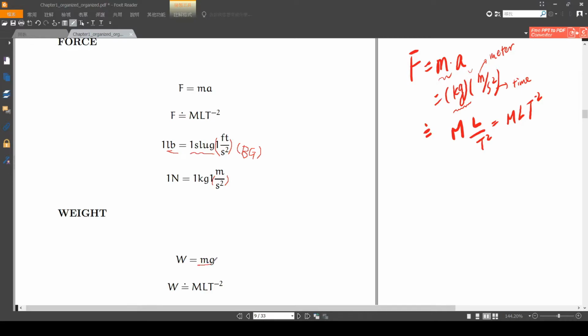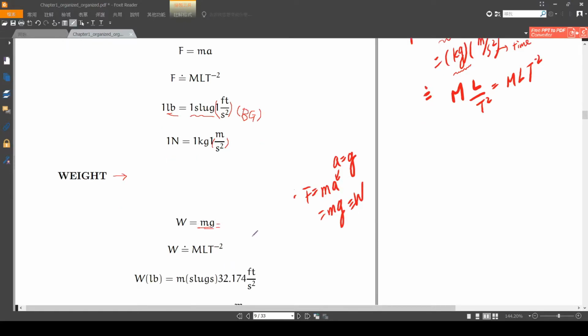The weight is the force on Earth. Therefore, the acceleration is equal to g. So actually, it's almost the same, I think. F equal to ma, and with gravity here, we use the gravity acceleration, then it is mg, which is equal to the weight. This is the definition. And similarly, it actually comes from the force, so the dimension is the same.